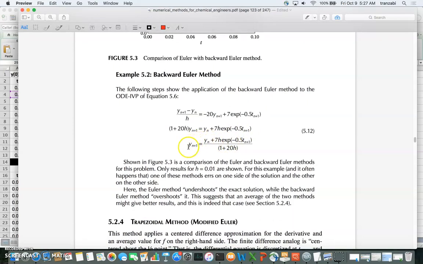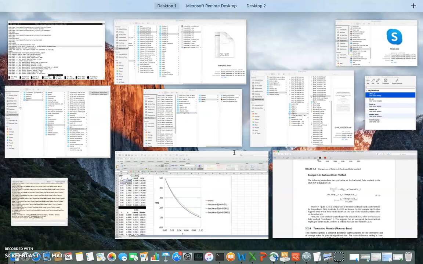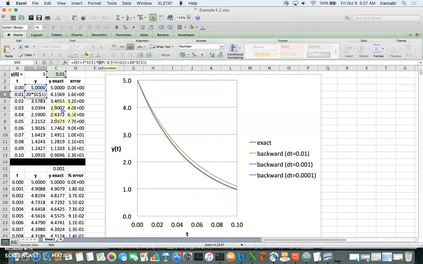We solve for yn plus 1, which is going to be the previous y value plus 7 times h exponential of minus 0.5 times the next t value. This is tn plus 1, and then 1 plus 2 times h. So let's look at that. That's equal to the previous y value plus 7 times dt, which is the green cell, then exponential of minus 5 times the next t value.